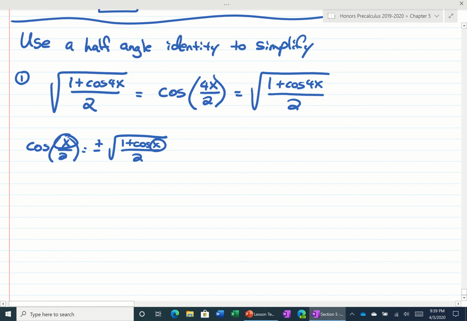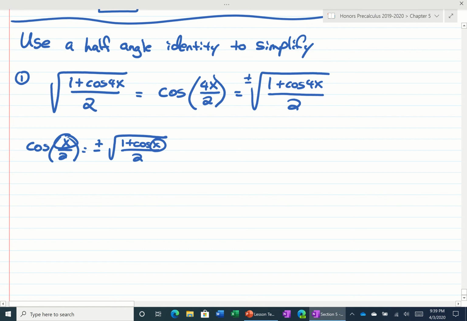Now, the problem is, this is a positive, right? That's what the problem was. That's a positive problem. The cosine of 4x over 2 would technically be a plus or minus.